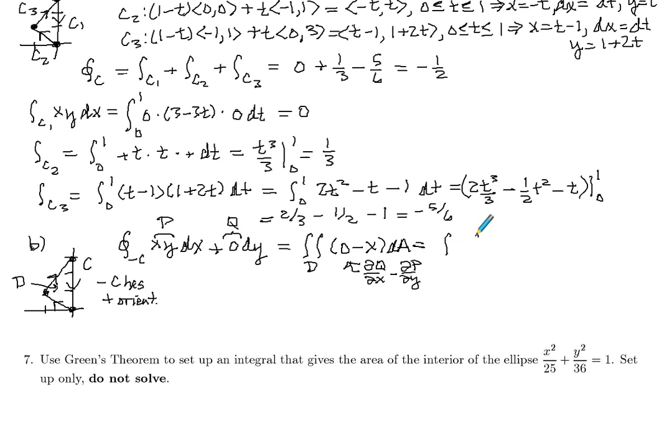Now we want to decide, do we want to integrate this as a regular double integral, with respect to y first or x? Well, if we integrate on x segments, then we've got two different left and rights. So we want to integrate first with respect to y on a vertical segment.